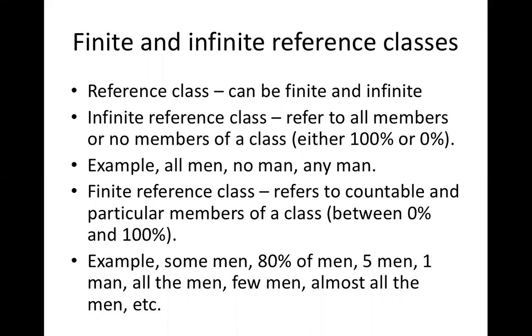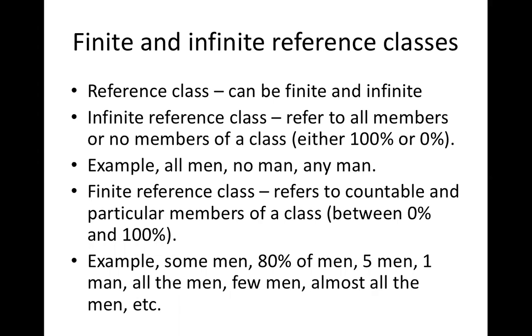The infinite reference class refers to all members or no members of a class, either 100% or 0. Example, all men, no man, any man.